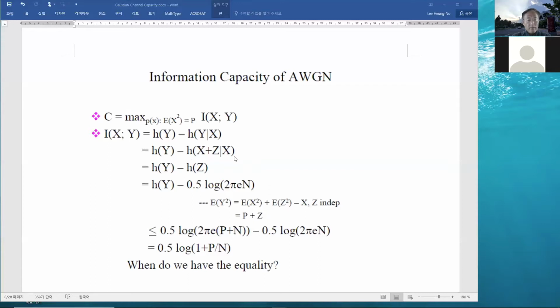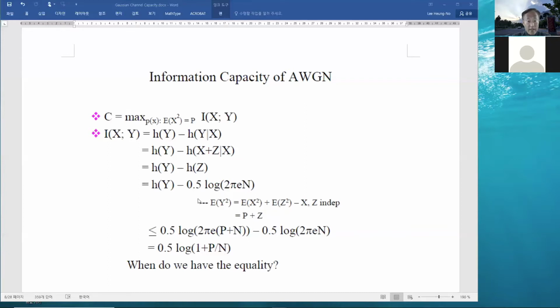Since X is given, there is no uncertainty, and differential entropy is translation invariant, so we can say it is h(Z). In chapter 8 we have calculated that, which is half log 2 pi e sigma squared, but in this case sigma squared is the noise power N.